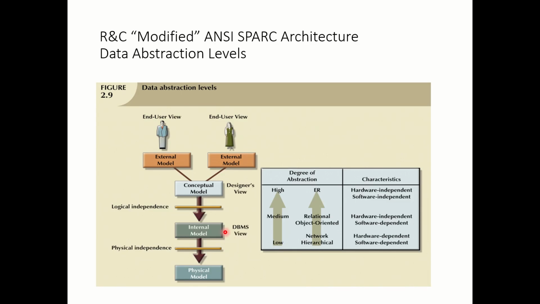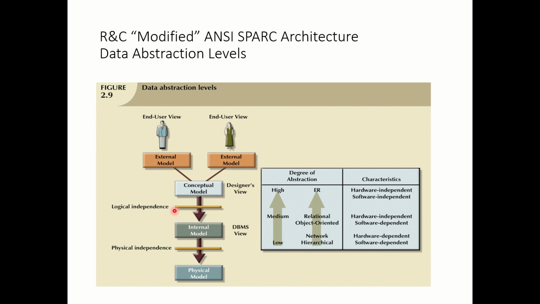Now coming over to the modified ANSI SPARC architecture. This just makes it clear, it's all the same, but if you look at the degree of abstraction, this is the lower level abstraction, this is the median level abstraction, and this is the higher level abstraction.